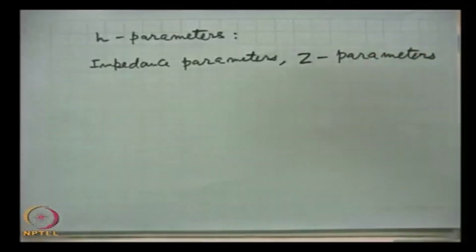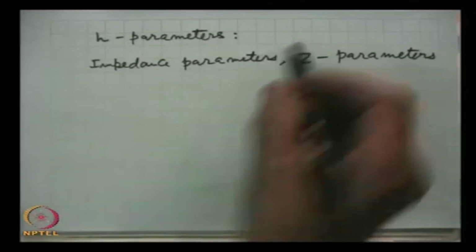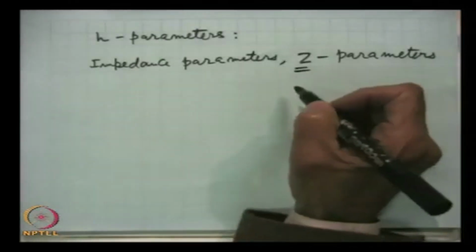All these four quantities for the amplifying circuit could be obtained in terms of Z parameters.